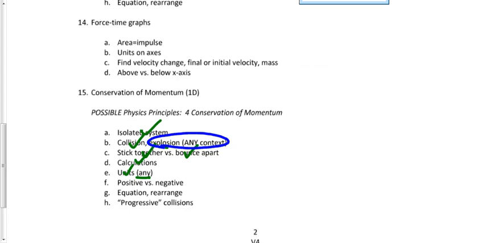All right, let's take a look at this Physics 30 13 page document again. We've done everything here now, right? Every positive, negative, equation, everything except for 15H, progressive collisions. What is that? Well, that's my name for a collision that's kind of like a domino effect collision. You know what I'm talking about, right?